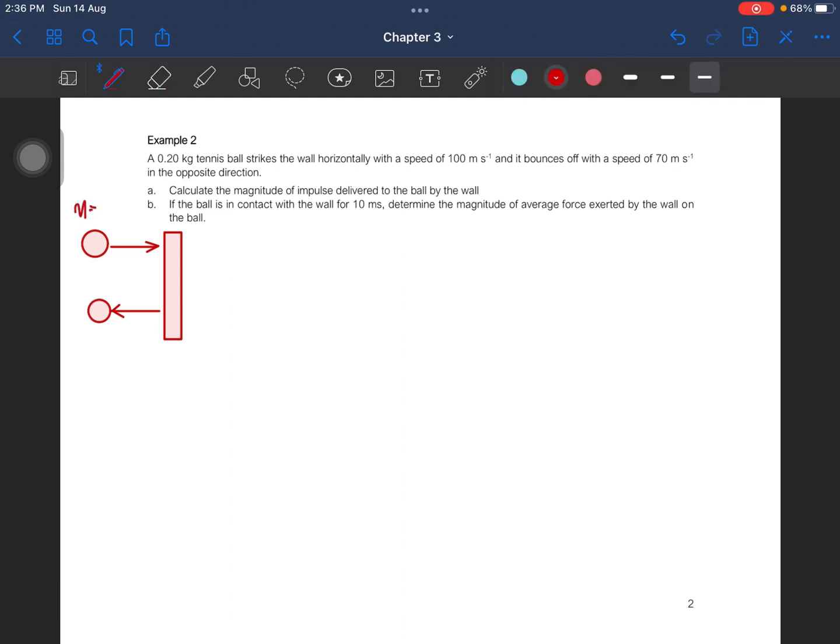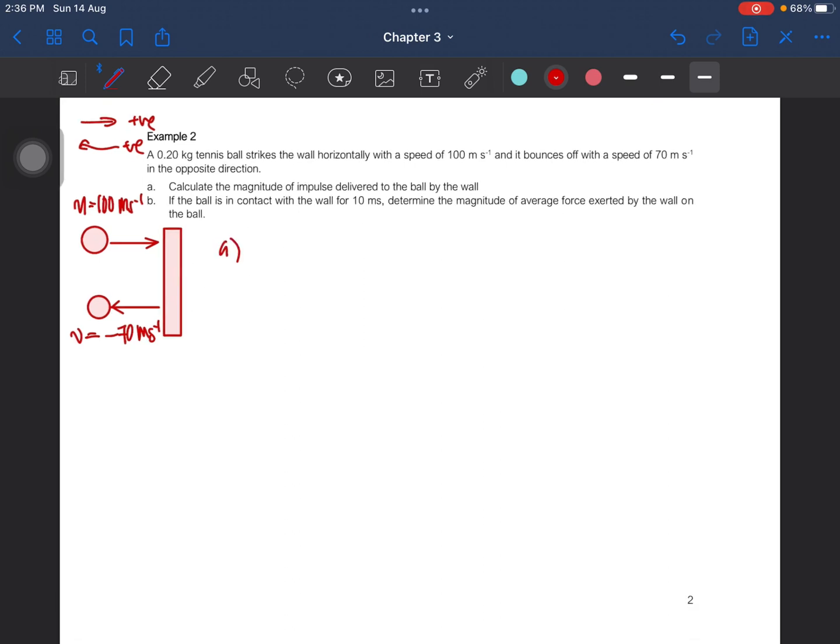This is 100 meter per second. My sign convention is to the right is positive, to the left is negative. The velocity here will be negative 70 meter per second because it is pointing to the left. We have to calculate the magnitude of impulse delivered to the ball by the wall.